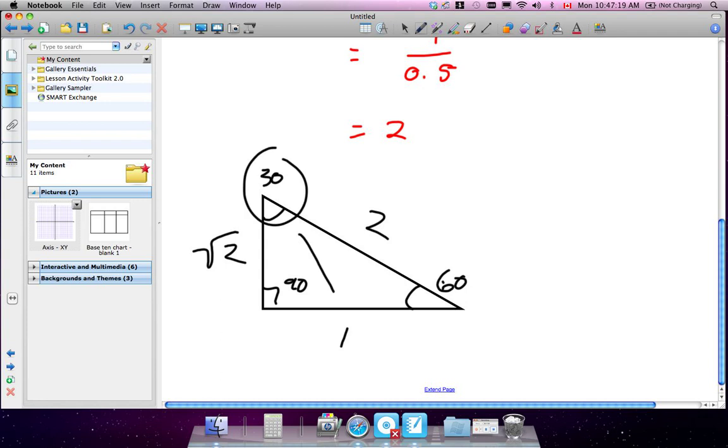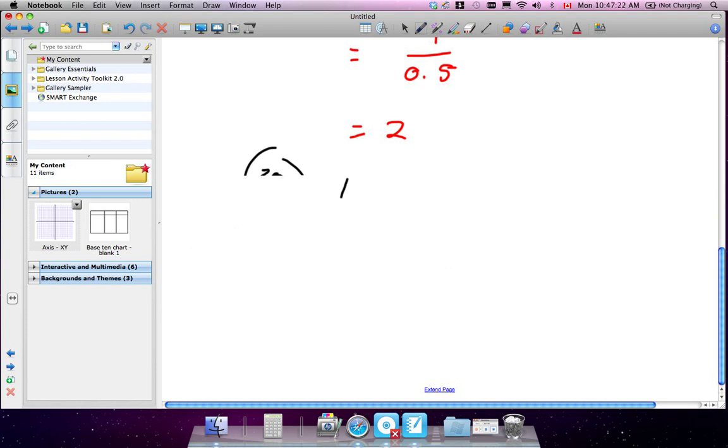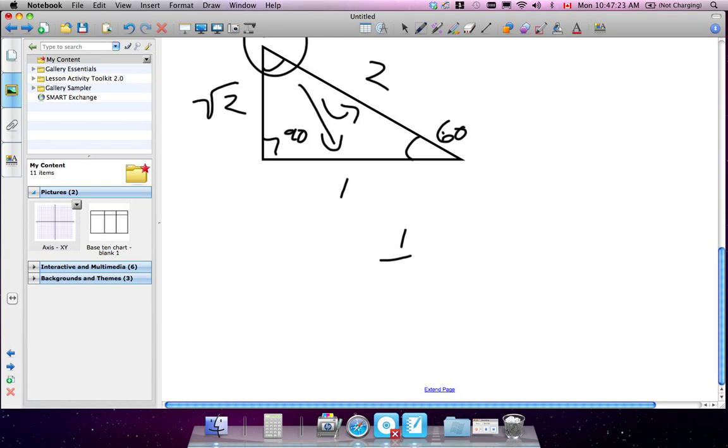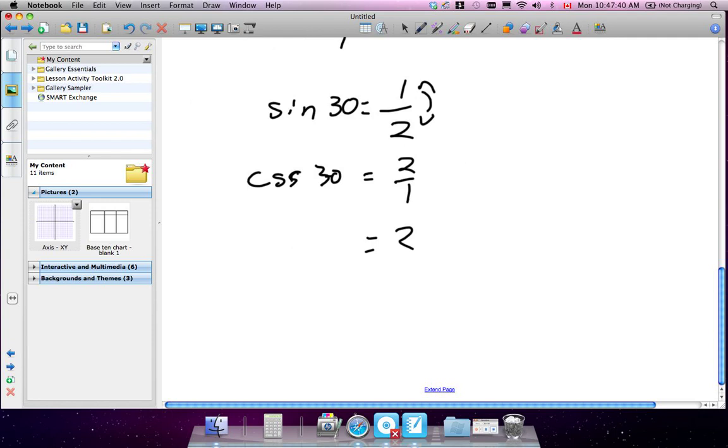I know that sine 30, that's this here, is opposite over hypotenuse. So that's 1 over 2. 1 over 2 is equal to sine 30. And I know cosecant is the inverse of that, so we just flip these two. So it's 2 over 1, or in other words, 2.